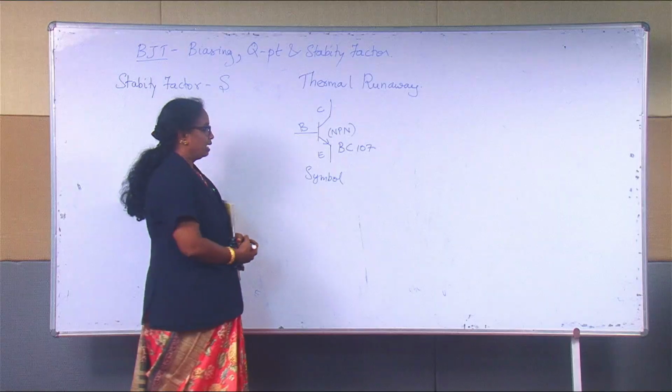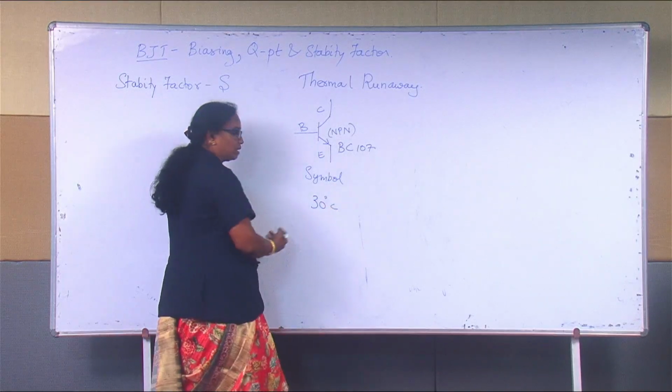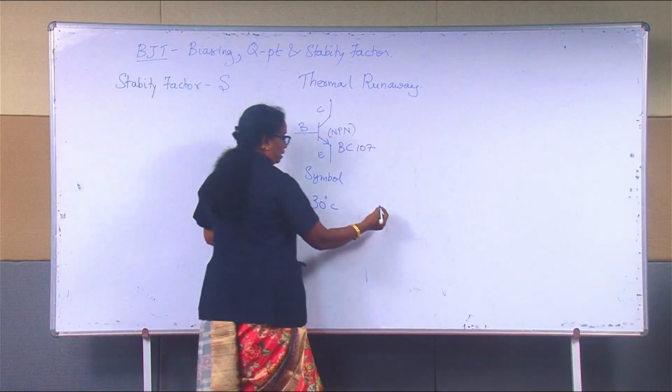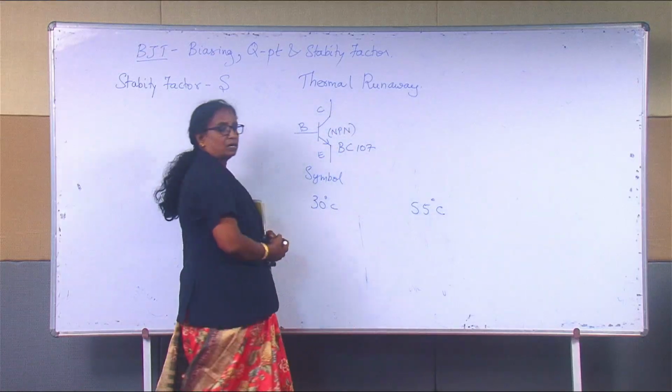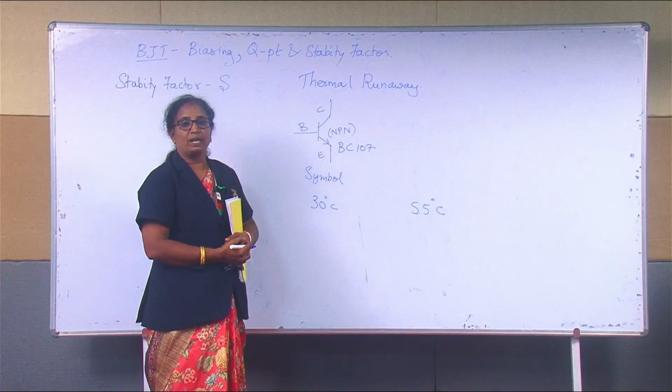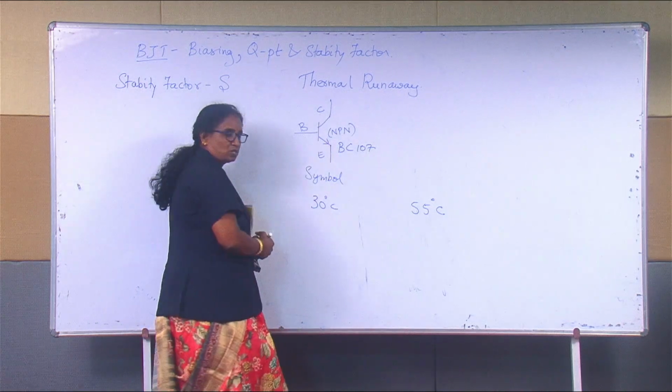In detail, if this transistor is used at say 30 degrees centigrade as well as say 55 degrees centigrade, there must not be any change in the value of current or voltage.